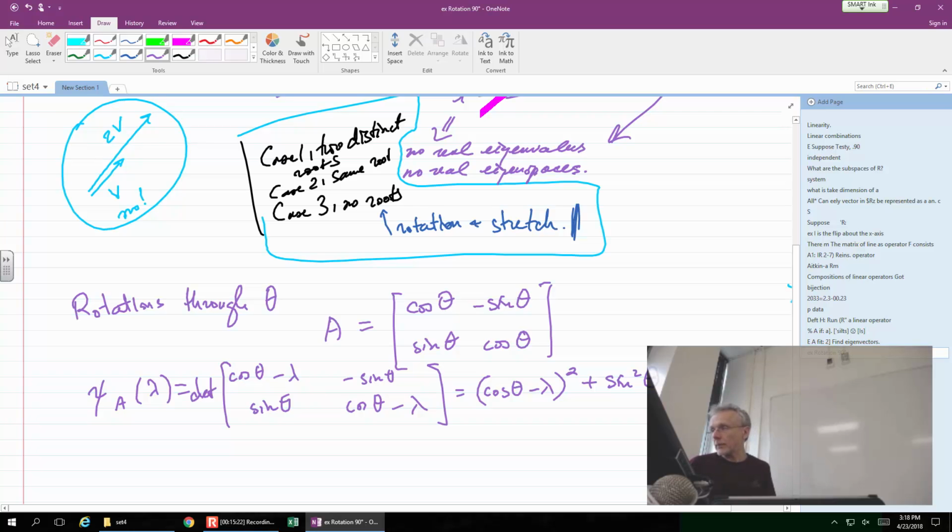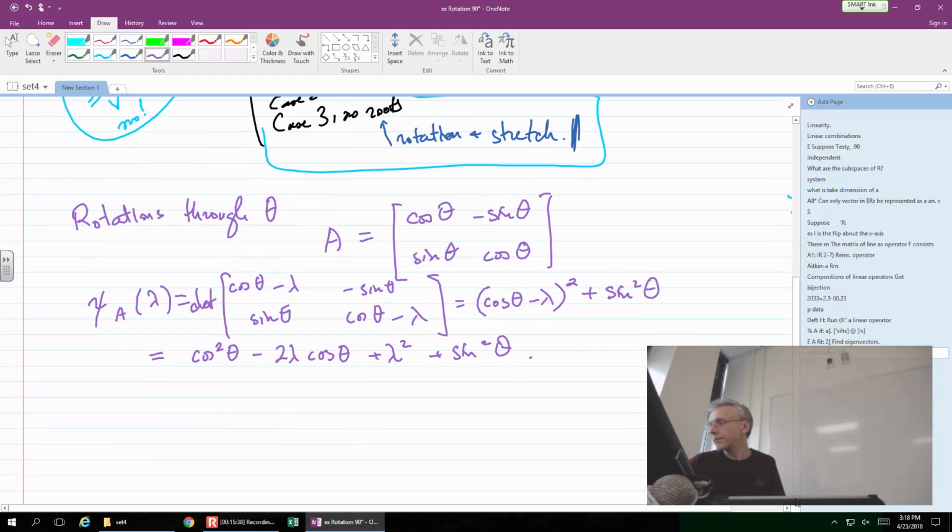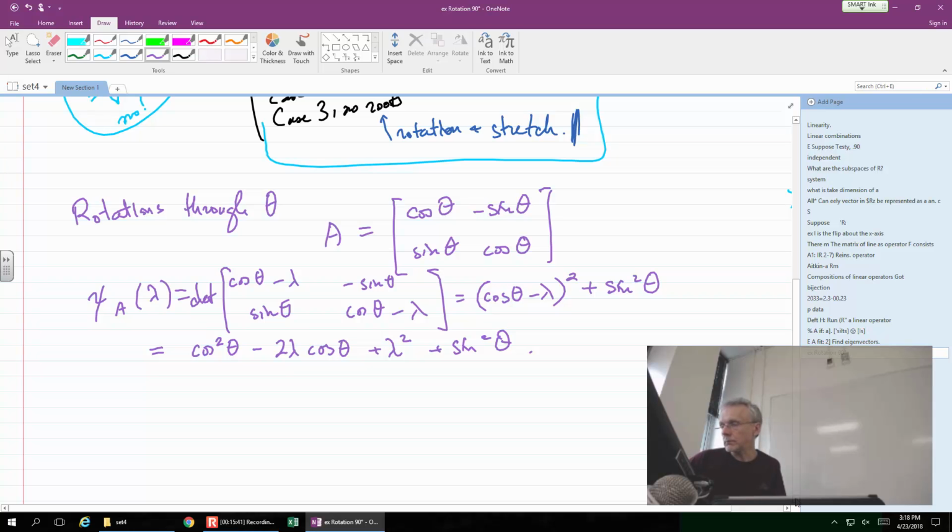Okay. So if we simplify, what do we get? We have cosine squared theta minus 2 lambda cosine theta plus lambda squared plus sine squared theta.